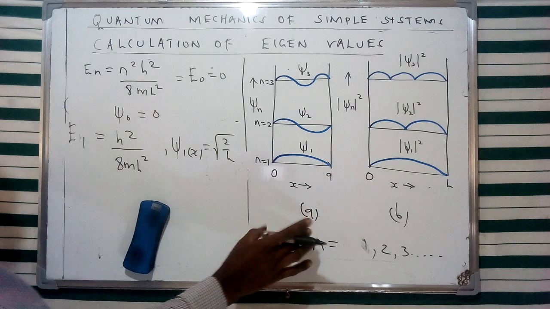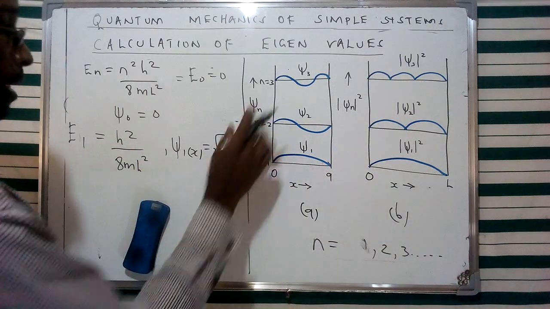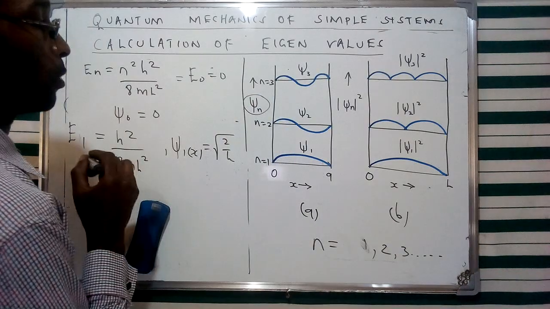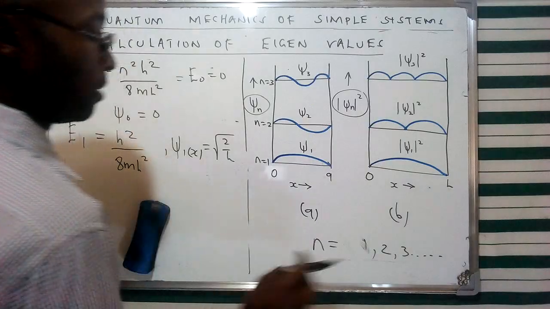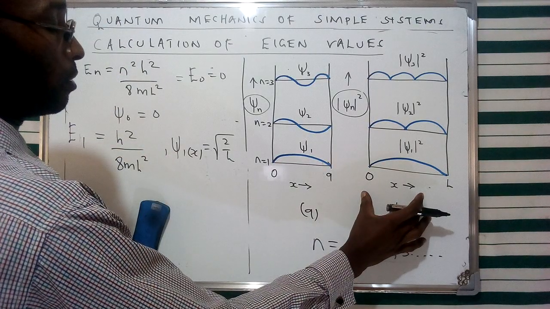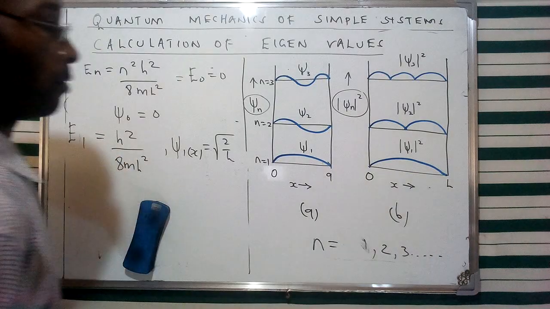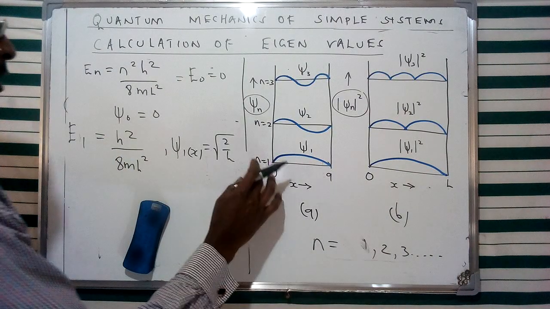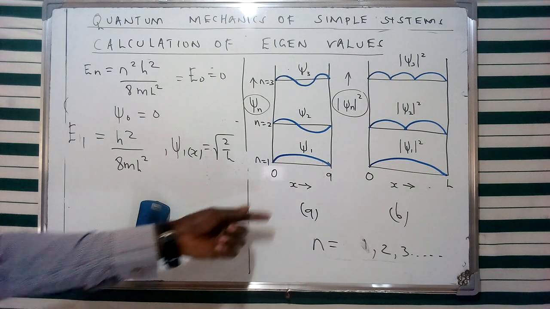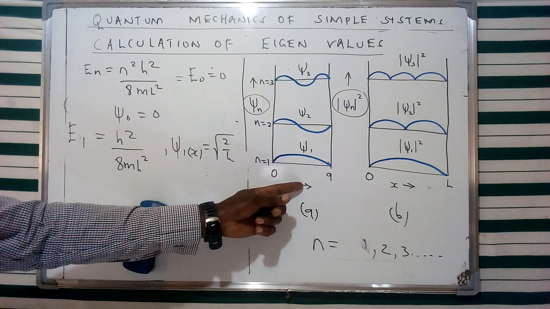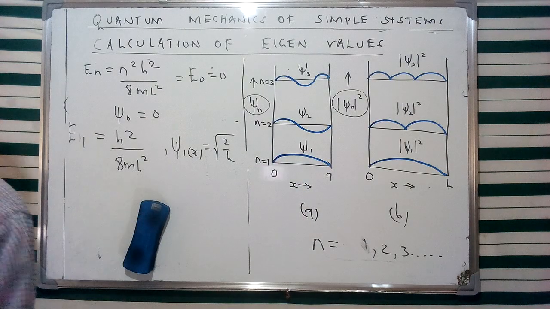Now, if you look at the specific illustration for A and B, A represents the wave function for the value of n, and B is going to represent the square of the absolute value of that wave function, and therefore that's going to indicate the probability of finding an electron. So in this case, for n equivalent to 1, that is going to imply a situation whereby the function has a maximum displacement of the electron at exactly the middle part of this specific illustration.